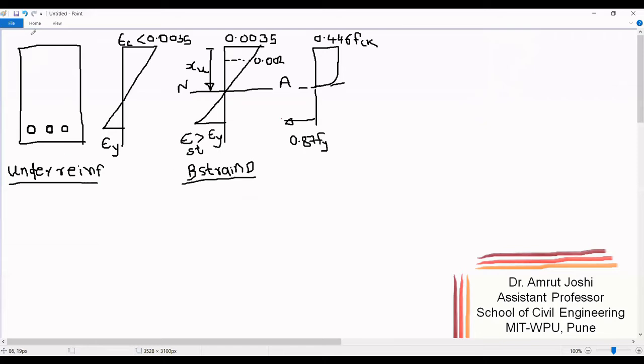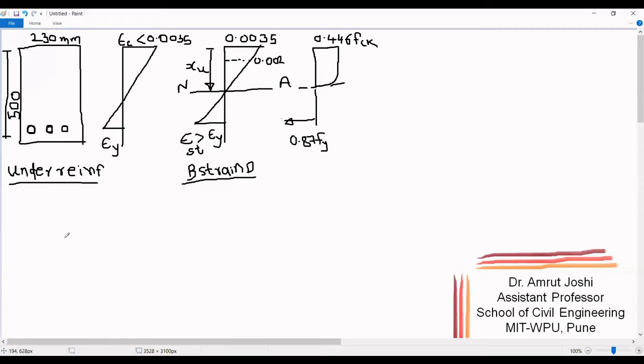Let us say we have a beam of width 230 mm and effective depth, that is the distance from the extreme compression fiber till the centroid of the steel, given as 500 mm.